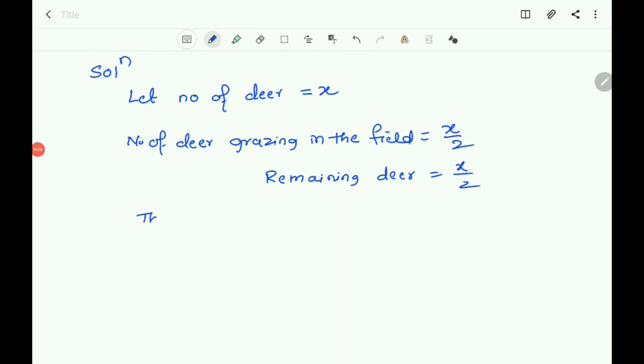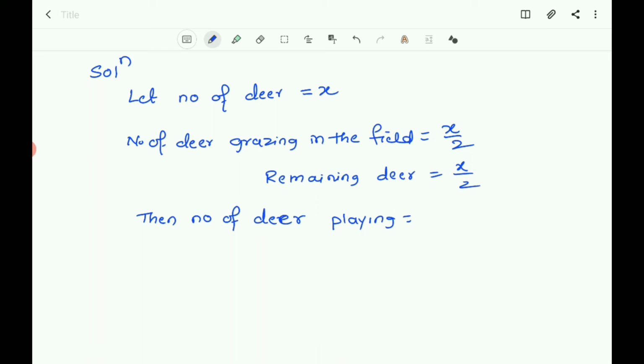Then the number of deer playing means 3/4 of the remaining.